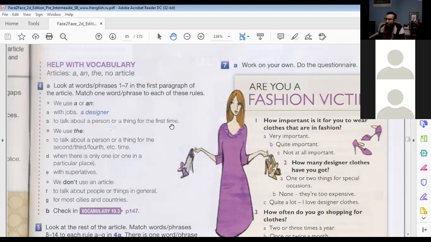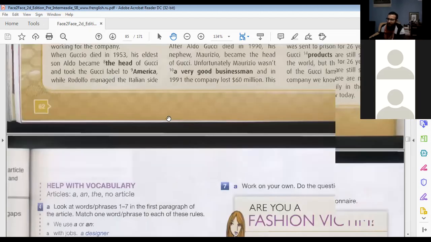So we need to go back to the article, and together we want to look at an example of where they talked about a person or a thing for the first time using the article a or an. So let's take a look.